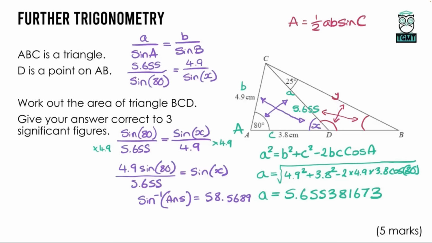We've got it to 6 significant figures. It wants that answer to 3. I don't want to overcrowd everything with tons of numbers. There was actually only 2 numbers left, but that is enough for this angle. So I'm going to label that up here. That's 58.5689. You can already start to see, even with a whole page, this is going to start to get a little bit messy.